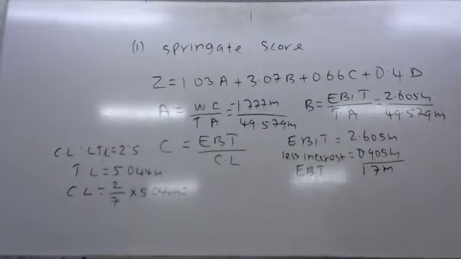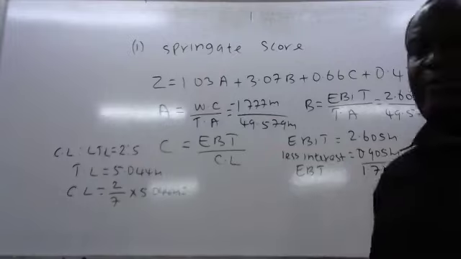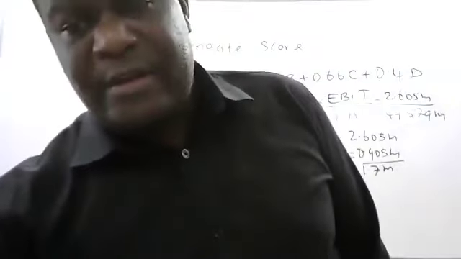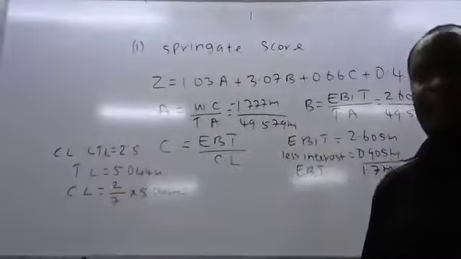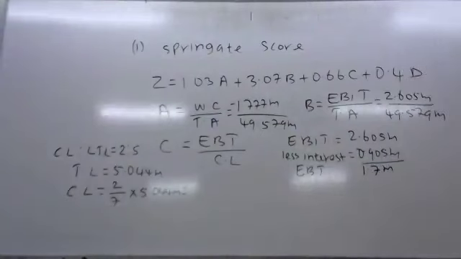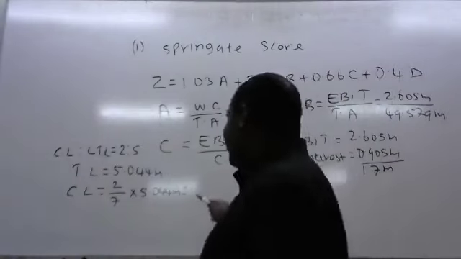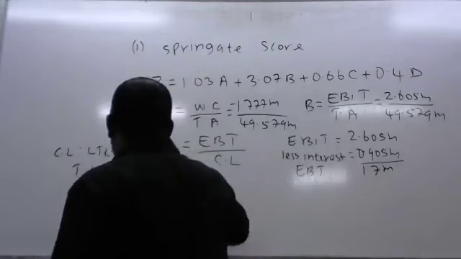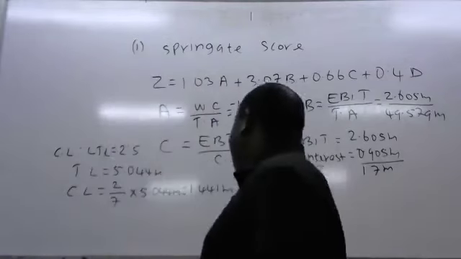So that we come up with the value for the current liabilities. How much will be the value for the current liabilities? 1.441 million.